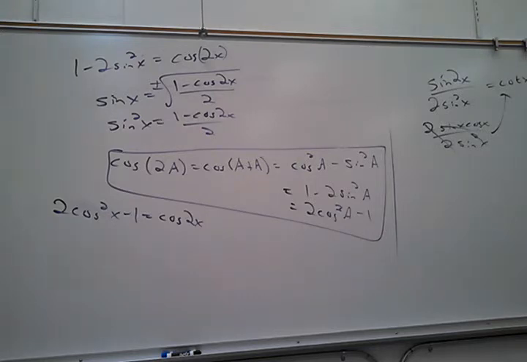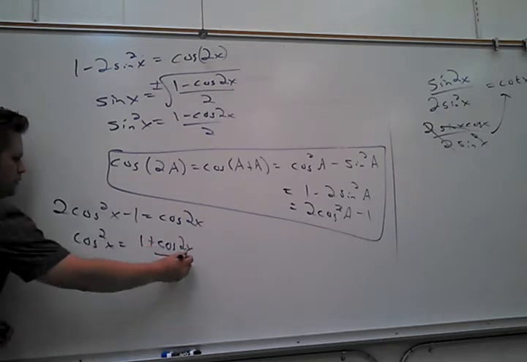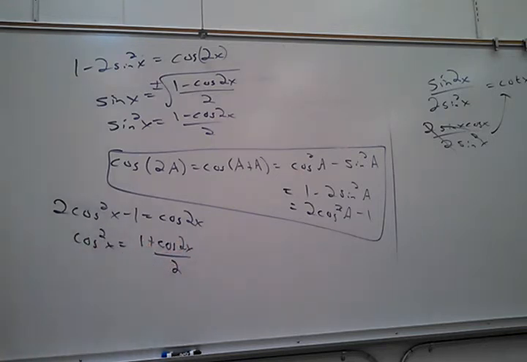Solve it for cosine squared. Of course, you add 1 and divide by 2, and that's on the top of page 510. And if you want, at the bottom of page 510, you take the square root.